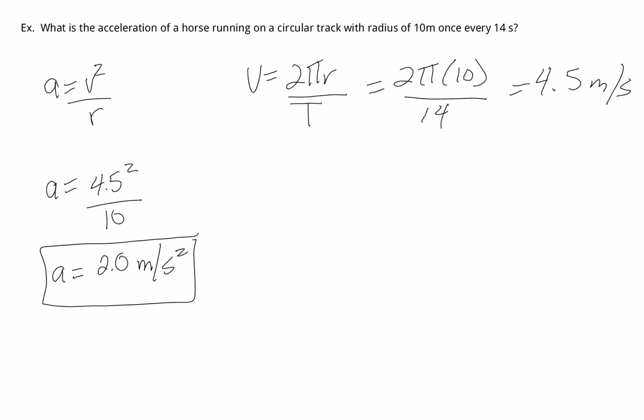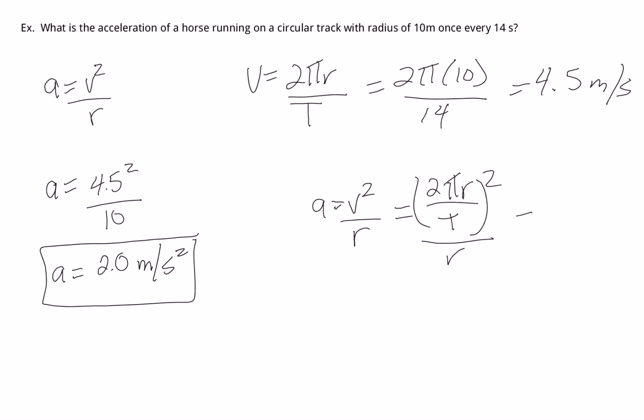So they're pretty easy formulas. Like I said, the only thing sometimes you have to do is do one of the calculations first and then use that answer to plug it in. One other option you could do for this kind of question is you could substitute the equation in. So you could use a equals v squared over r, and then we can just substitute the 2 pi r over T in for v.